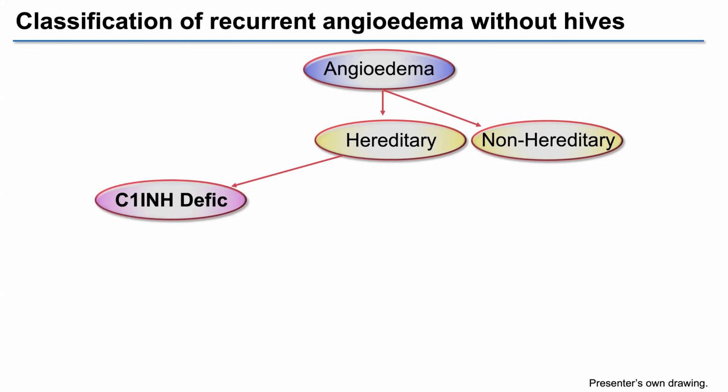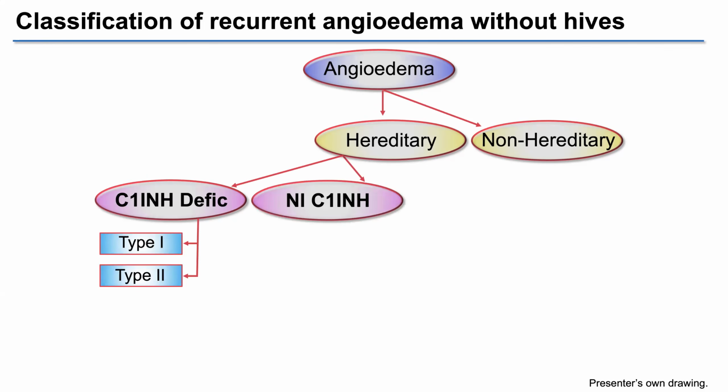Within the hereditary angioedema, the classic form would be HAE with C1 inhibitor deficiency. We know that there are two types, type 1 and type 2, imaginatively termed. We're all pretty familiar with those, and until 2000, that's what we called hereditary angioedema.